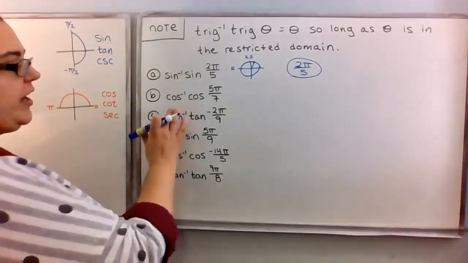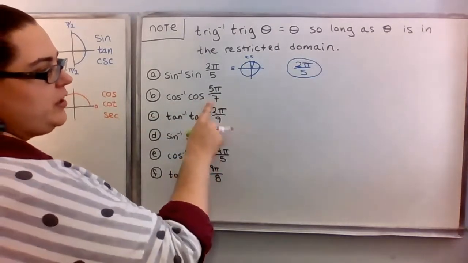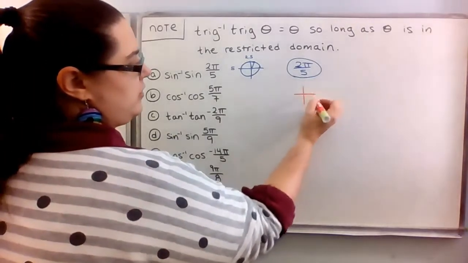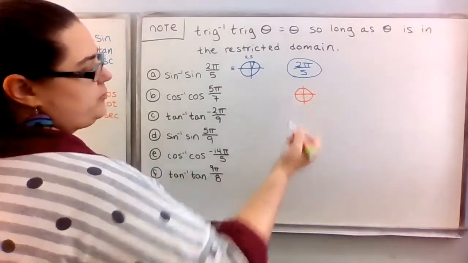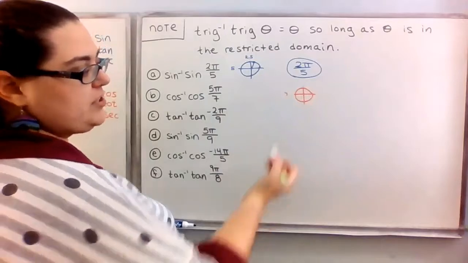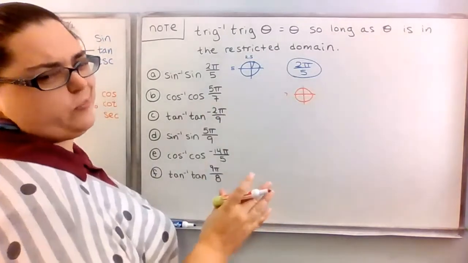For this next one, we have inverse cosine of 5 pi over 7. So let's envision where 5 pi over 7 lives. I'm breaking up my axis in terms of pi sevenths. So this would be 7 pi over 7. And just because my pictures are so small, I'm just writing the numerator because that's the important part, right?